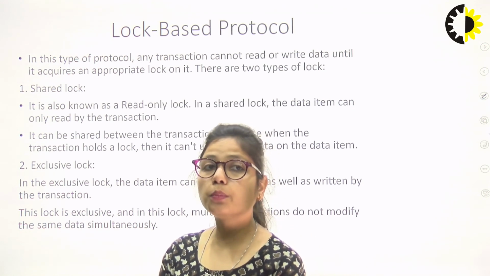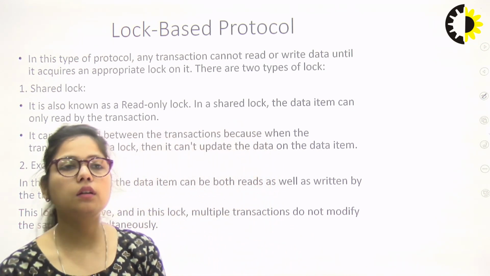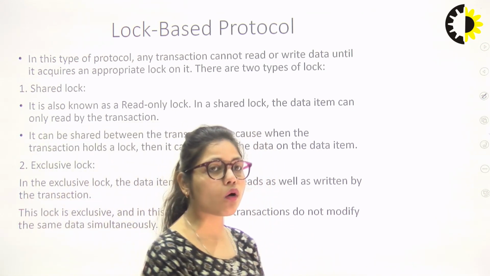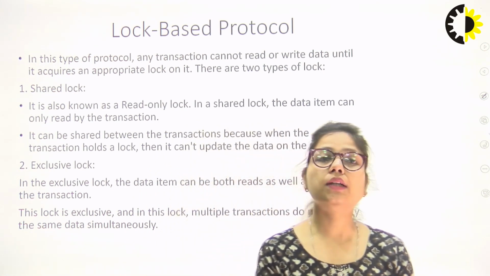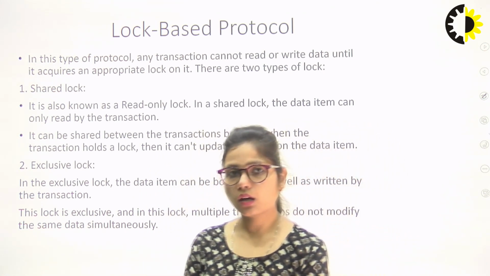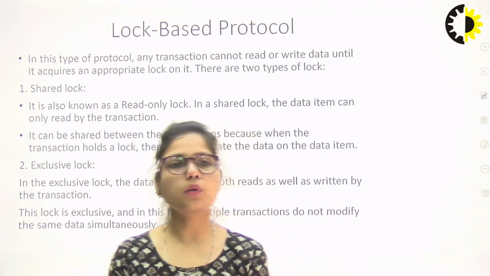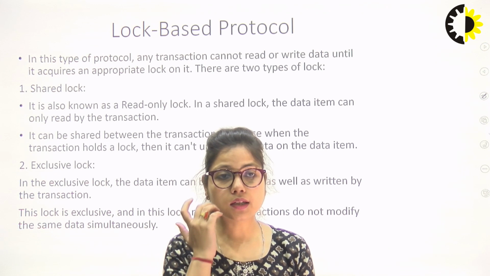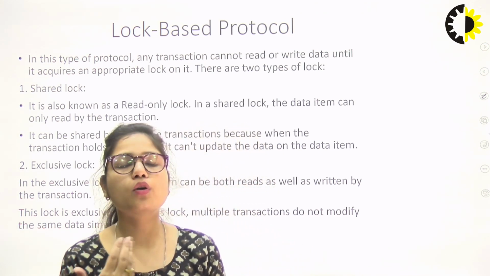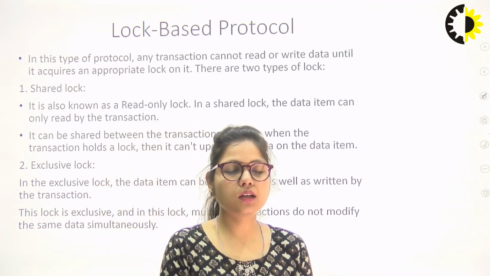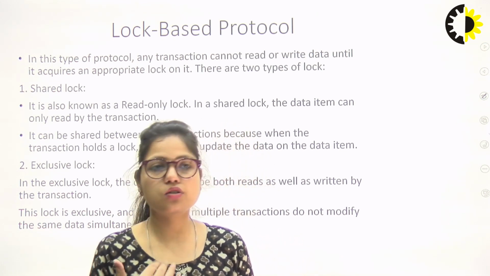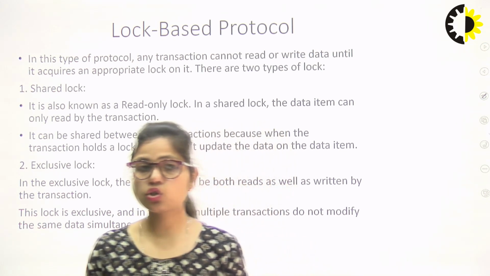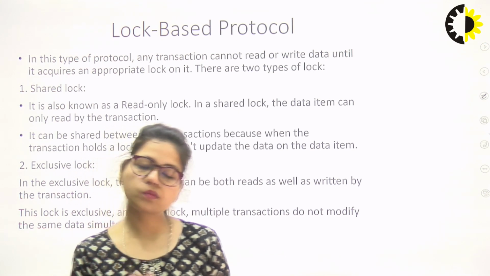It can be shared between transactions because when a transaction holds a shared lock, it can't update the data item. We are only reading the data item, so no updation is required. In shared lock, no updation is possible.